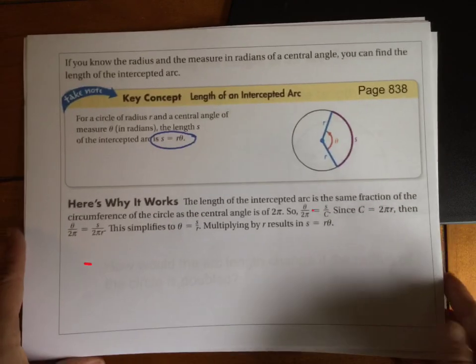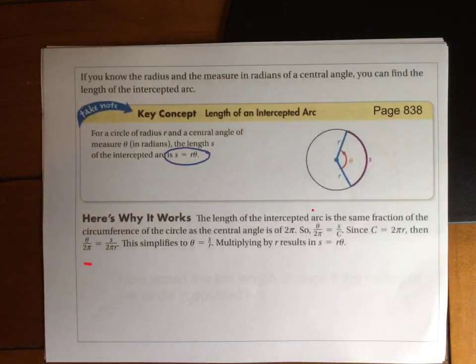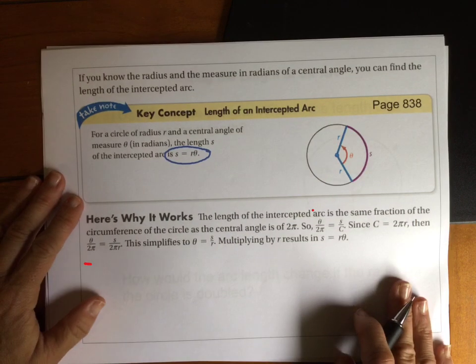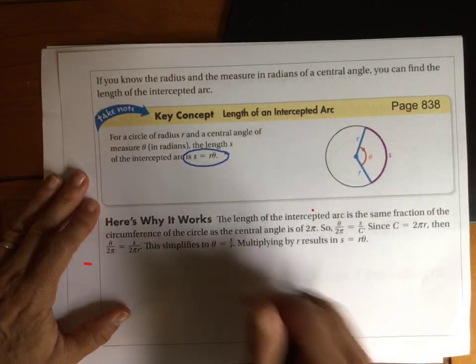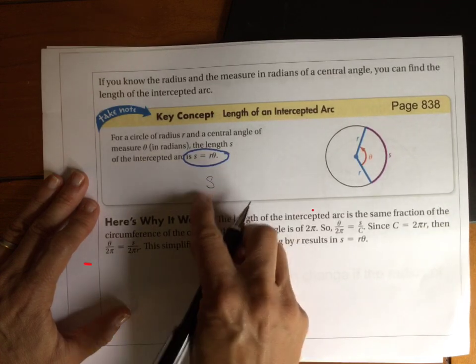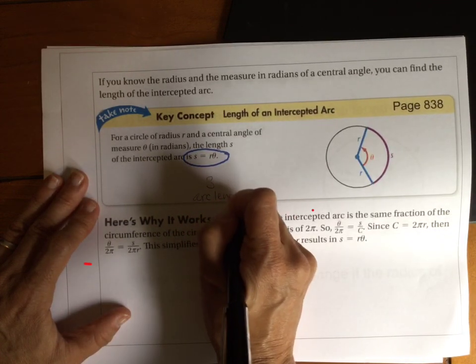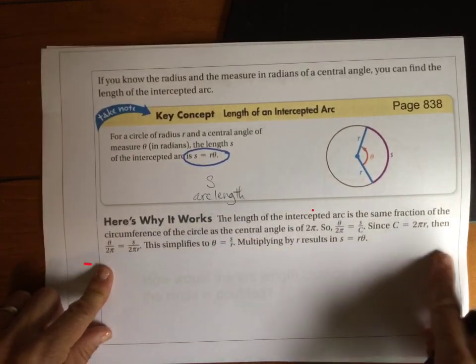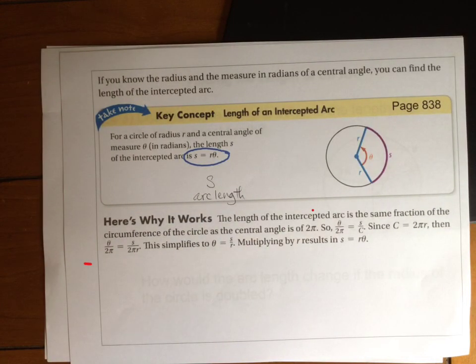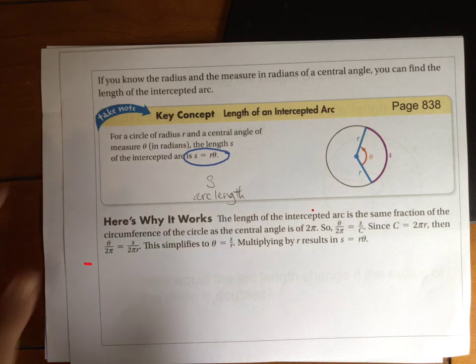All right, here's something you should remember though. Sorry about that. You should remember arc length from geometry, or maybe you shouldn't remember, but you did learn it. So for arc length, for our intents and purposes, S is arc length. And if you want to read this whole thing, it tells you how we came up with arc length.